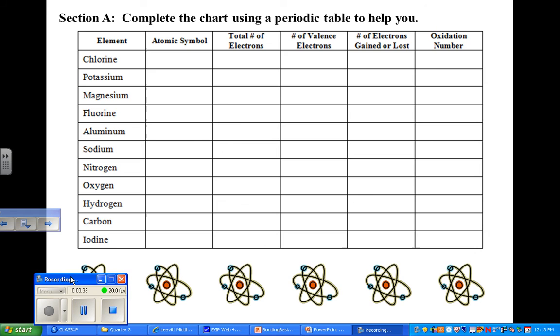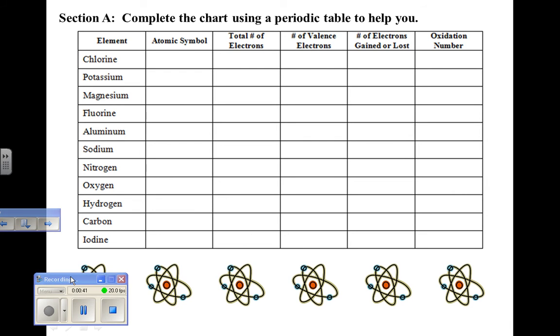All right. So I already asked you to do the first couple columns because all you have to do is look at your periodic table to get those pretty easily. So the first one, the atomic symbol for chlorine is what? Cl. How many electrons does chlorine have? 17. How do you know? It's the atomic number.